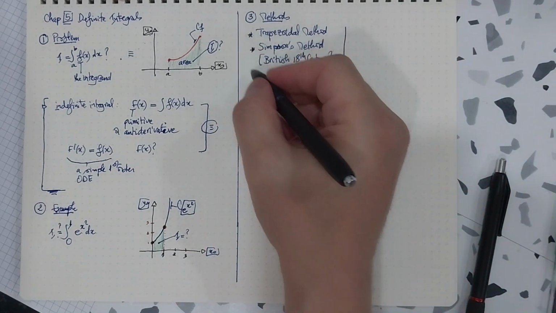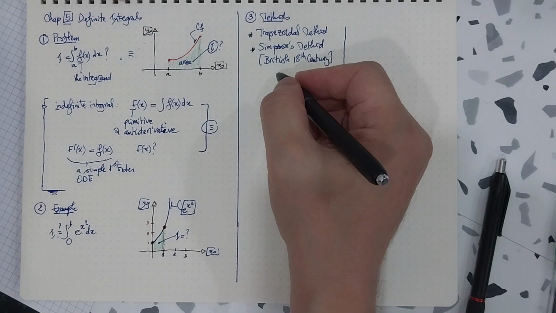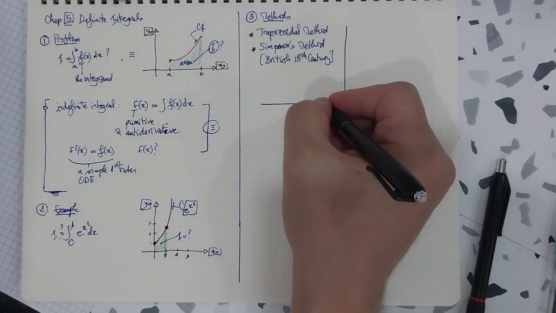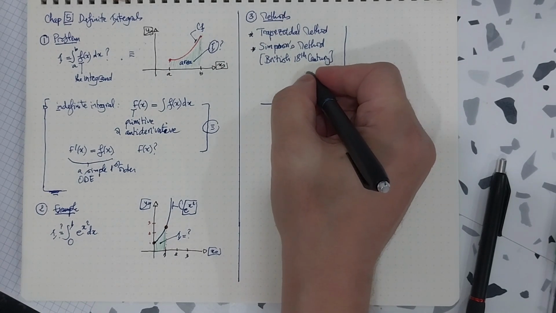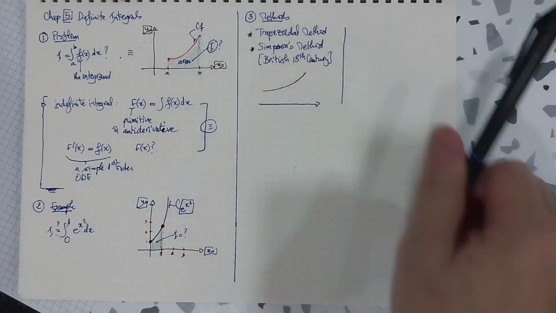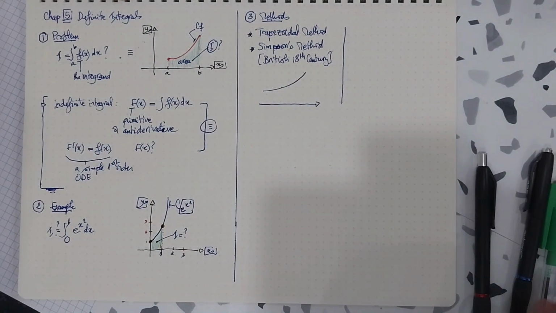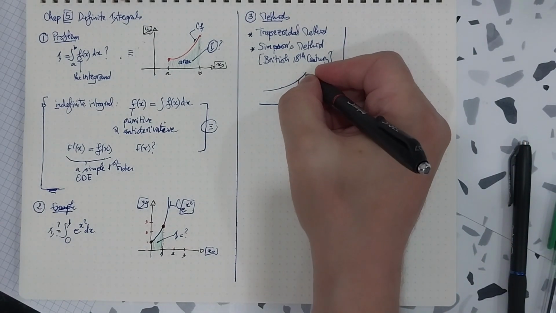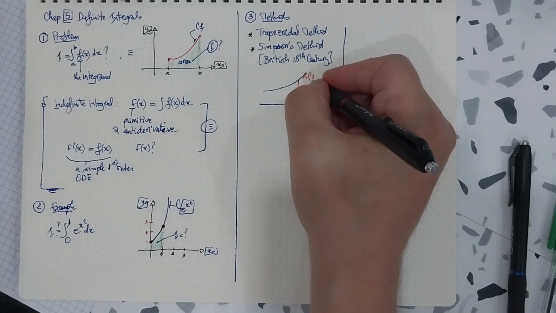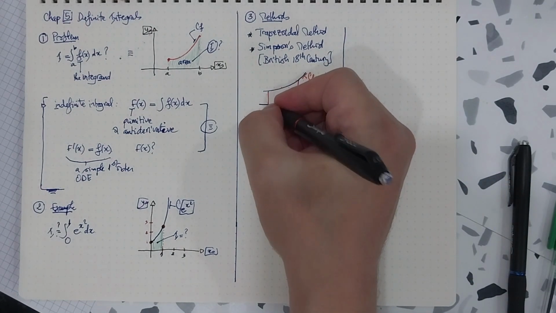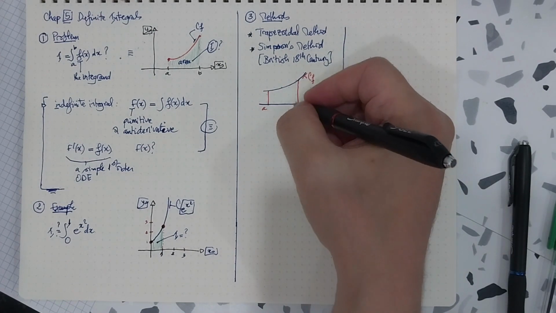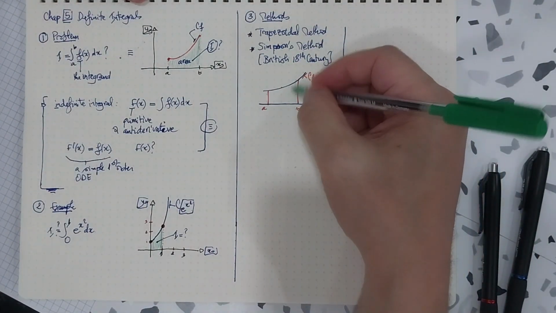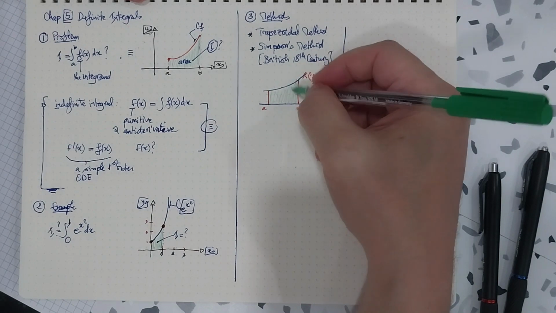In this category of methods, we use actually a strip to calculate. This is the curve of the integrand. This is A, this is B. This is what we are looking to calculate, the area.